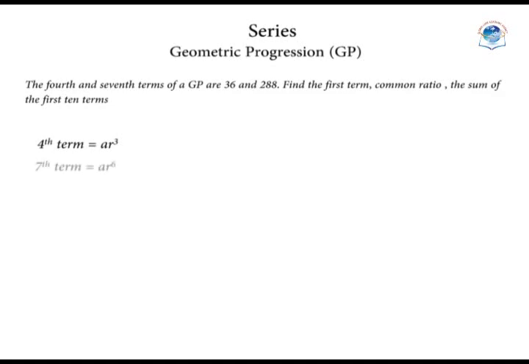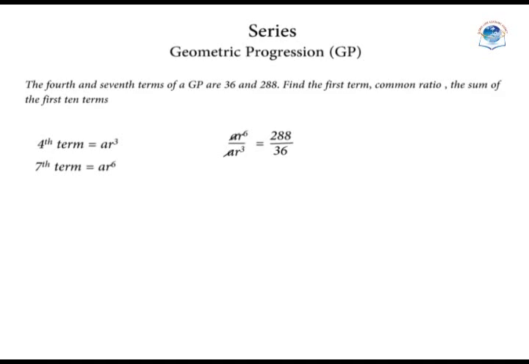The 7th term is given by AR raised to power 6, and that is equal to 288. And so the 7th term over the 4th term should give us 288 over 36. If we divide that, AR raised to power 6 over AR raised to power 3 should be equal to 288 over 36. A cancels out.